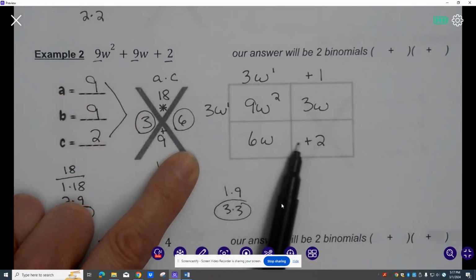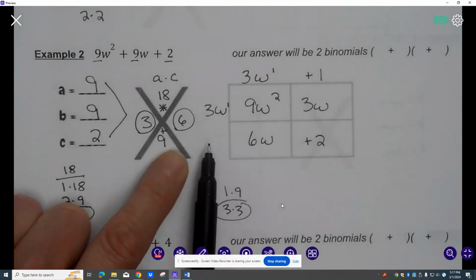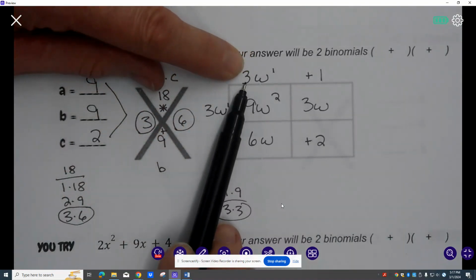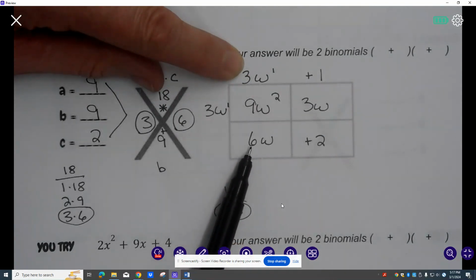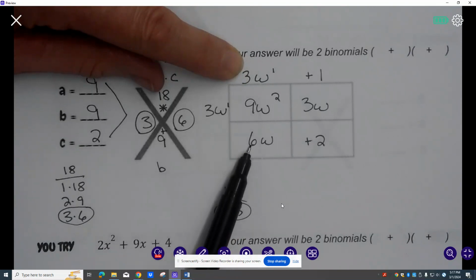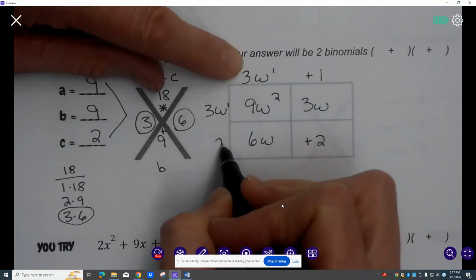Again, look across this row. This box has a W, this does not. So that means I won't have a W here. I'll just have a number. So you want a number that when you multiply it by 3, 3 times a number will get me 6. 3 times 2 will get me 6.